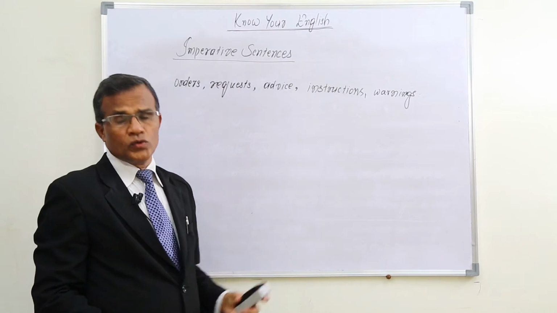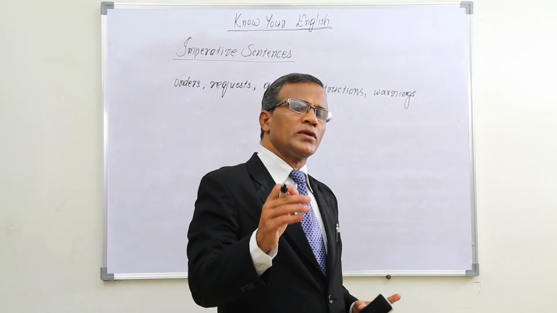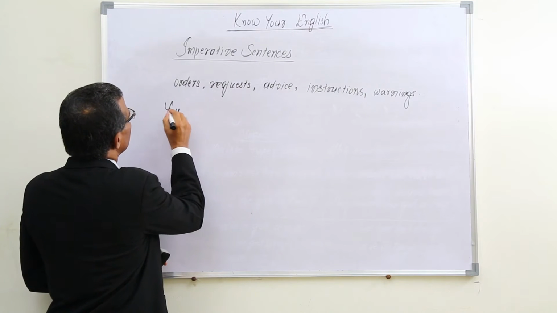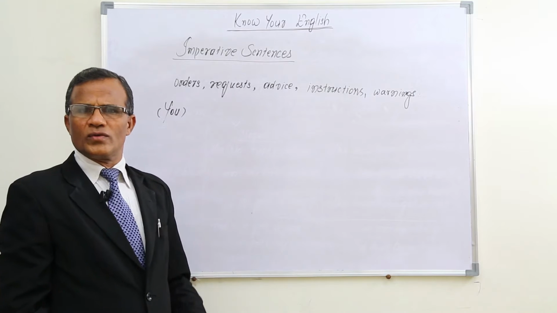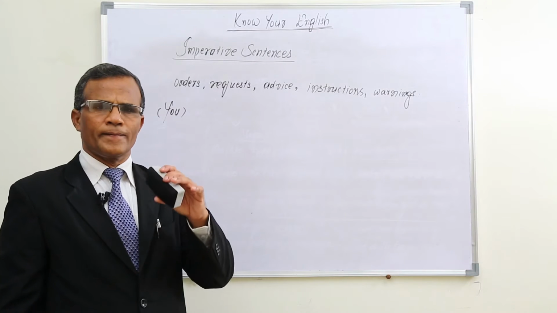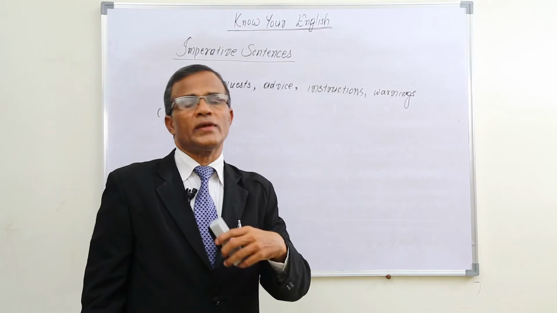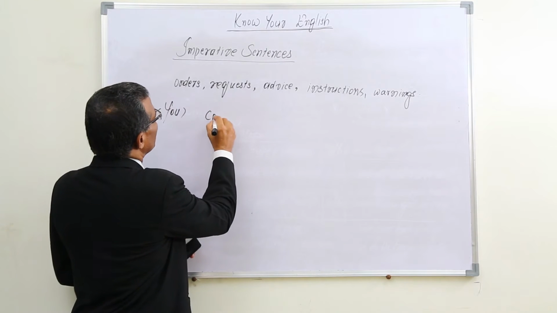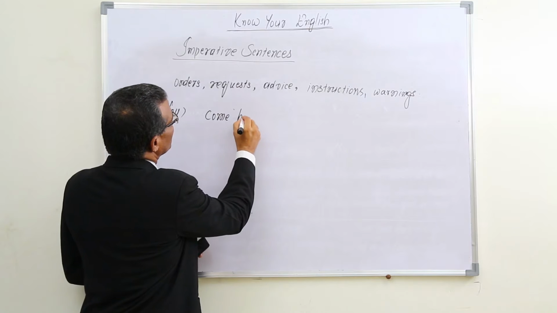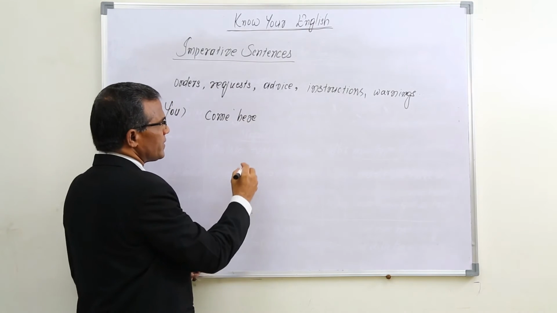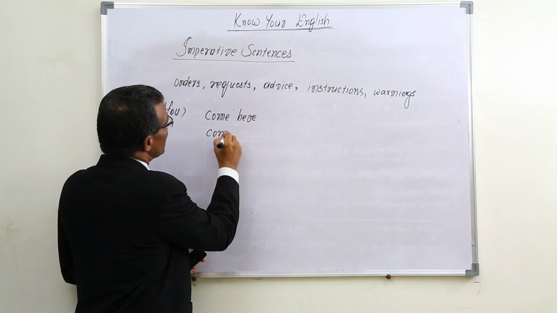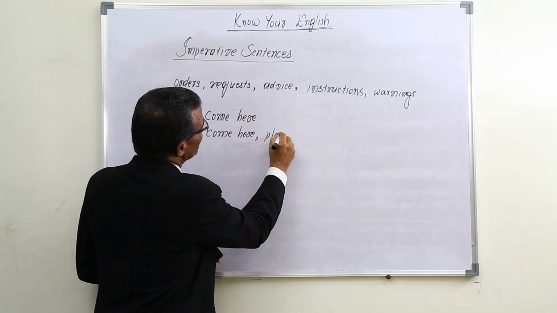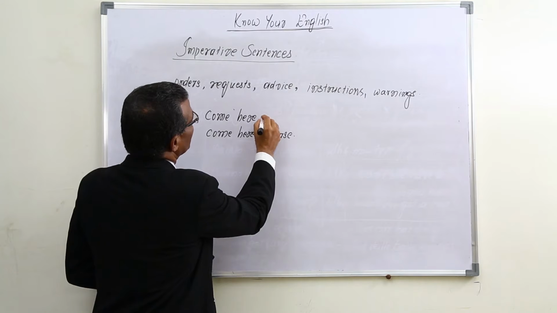As we use these sentences talking to the person in front of us, the subject, you, is always understood. We should not use the word you when we are talking to the other person. For example, come here. Come here is an order. If you say, come here please, this is a request.